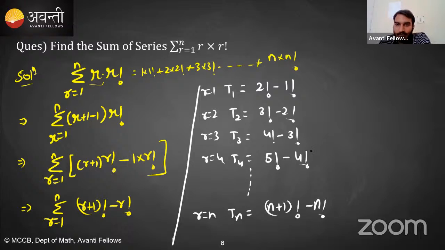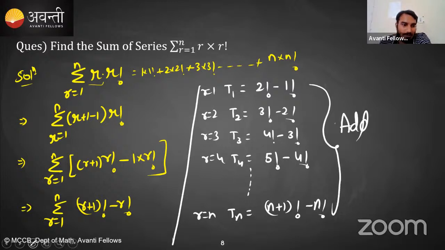Now add these terms. Do the addition. If you add these terms, this 2 factorial and this 2 factorial get cancelled out. This 3 factorial and this 3 factorial get cancelled out. This 4 factorial and this 4 factorial get cancelled out, and like this.